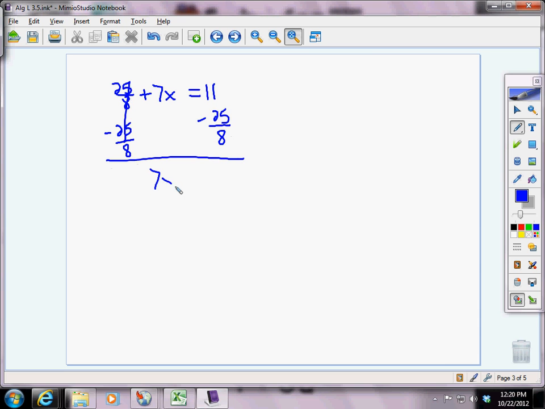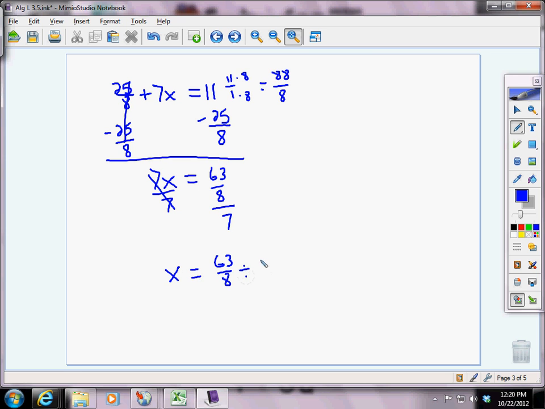We're left with 7x equals 11, which we can write as 11/1, but we need a common denominator. So if we multiply by 8 on the top and bottom, we get 88/8. So 88 minus 25 is going to be 63/8. Alright, so now we divide both sides by 7.